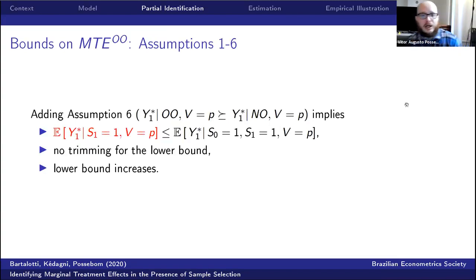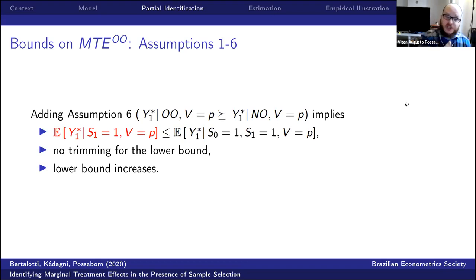So our sixth assumption is basically the stochastic dominance assumption that imposes that the treated wages for the always observed group are better than the treated wages for the group that is observed only when treated. As a consequence of this assumption, one part of our target parameter, here in black in the first bullet point, is actually larger than or equal to this red object.